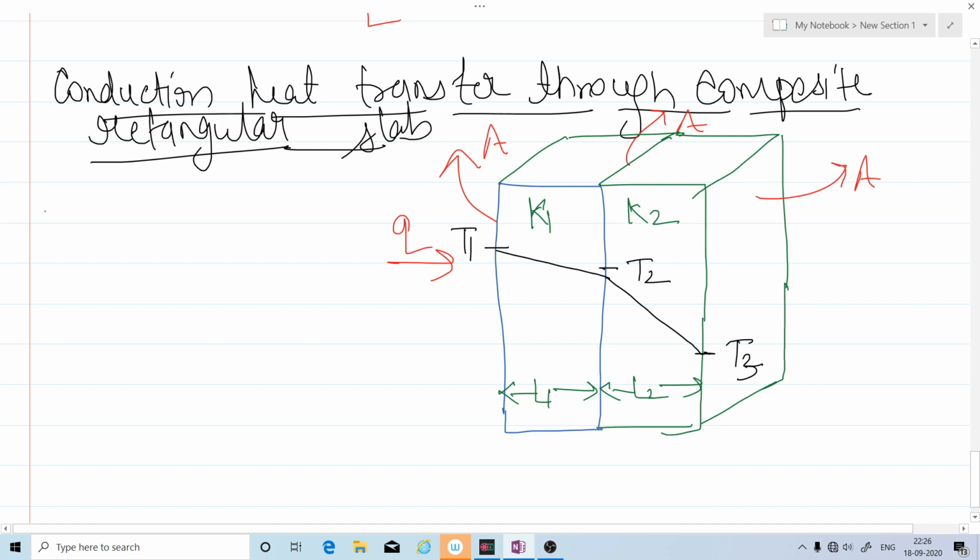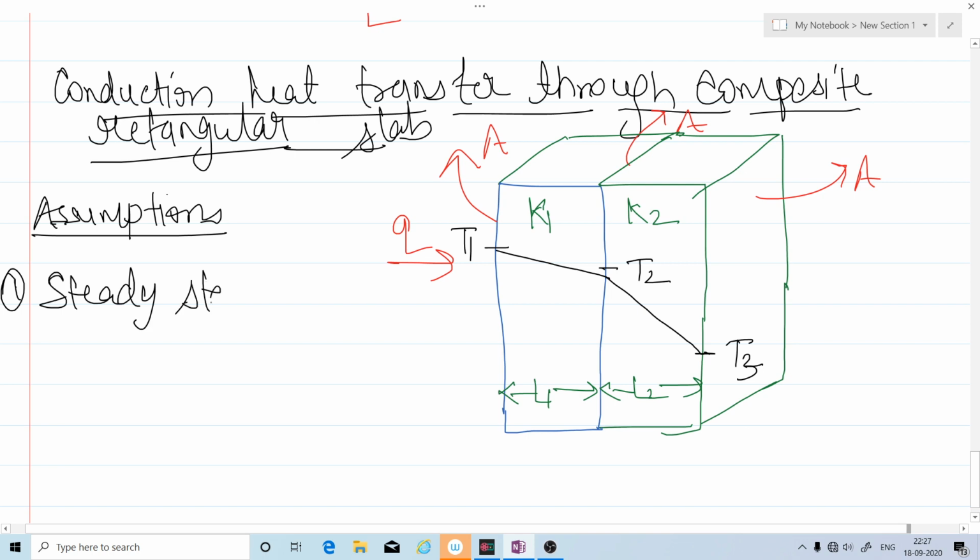Similar to the previous case, we will again make certain assumptions. First important assumption is steady state conduction heat transfer. Steady state heat transfer, that is, temperature is not a function of time.